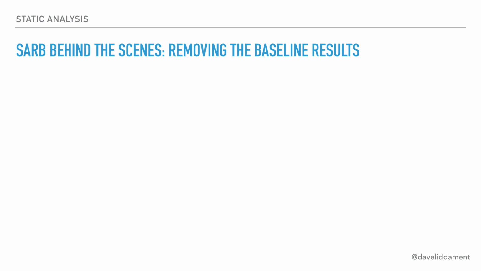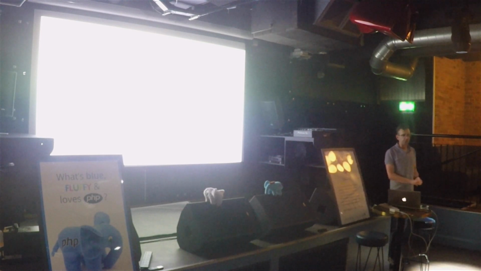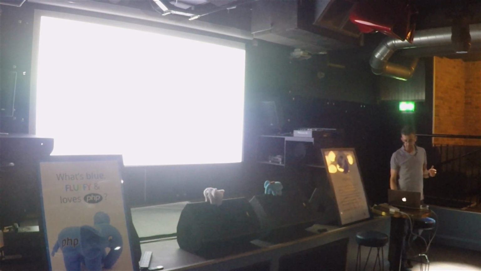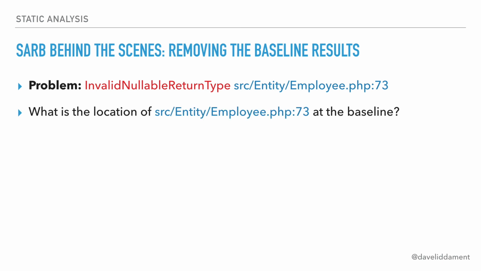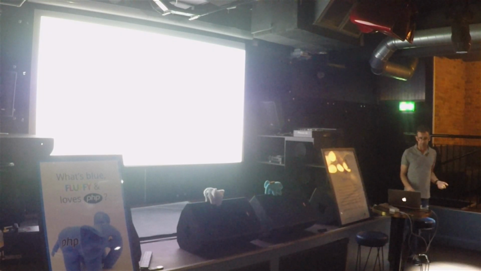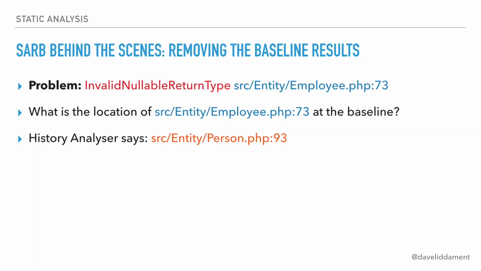So what would happen is SARB would basically take the latest set of results, and go through each result in turn and say, look, I've got this problem. There was this invalid nullable return type at line 73 of employee. And it would say, what was line 73 of employee in the baseline? And then we'd go off to the history analyzer, and the history analyzer would say it was in line 92.